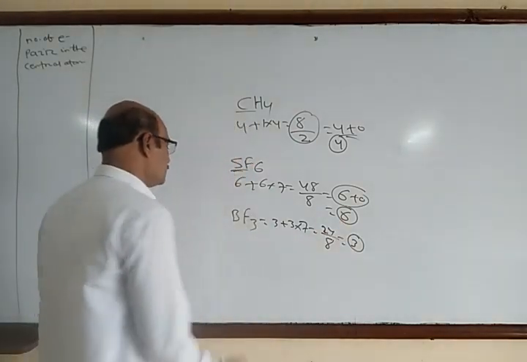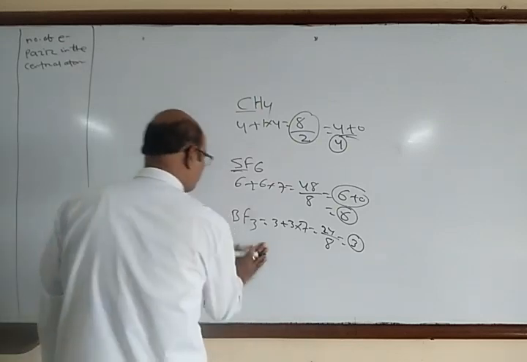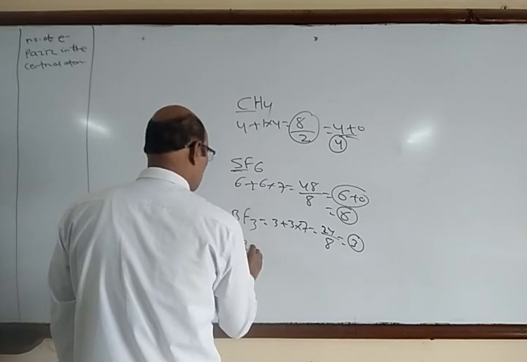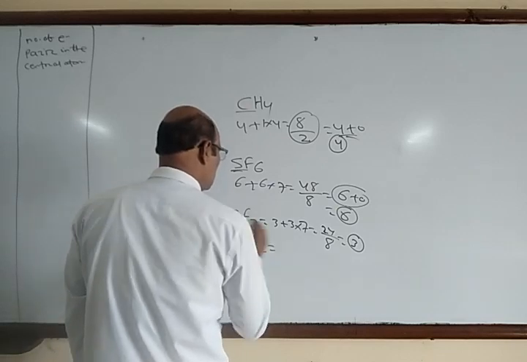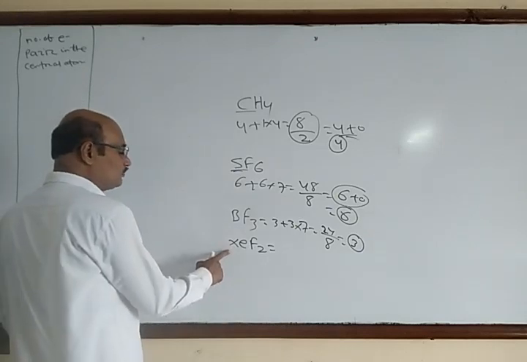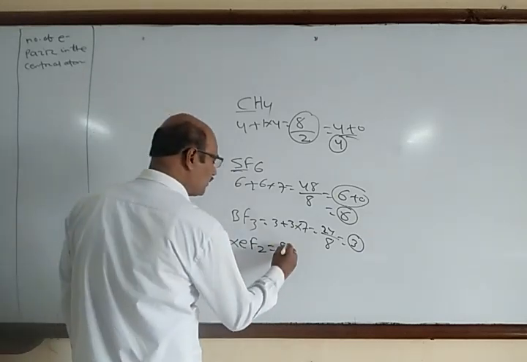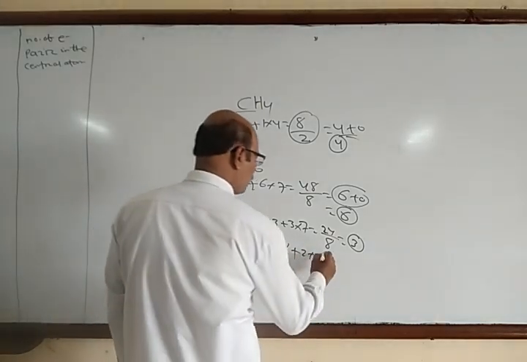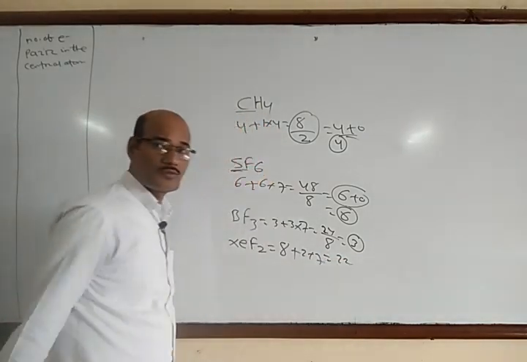Okay. Suppose XeF2. So Xe, we have what? 8 electrons in the valence shell plus 2 into 7 equals 22. Okay.